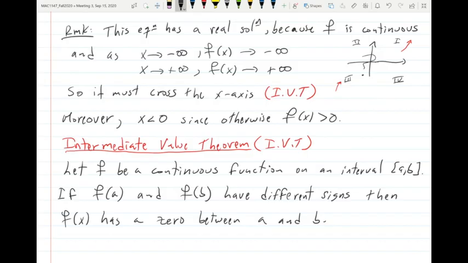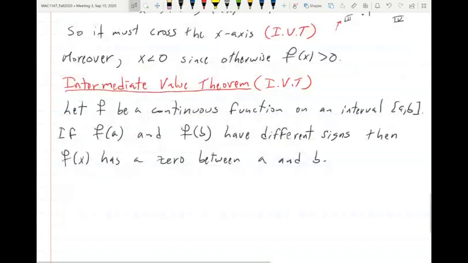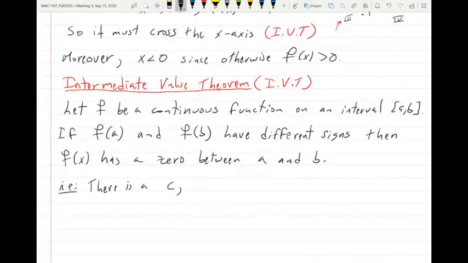What that means is that there is a c with c between a and b, and of course f of c equals zero. That's what the intermediate value theorem says. Basically, if your function is continuous on an interval and it changes sign at the endpoints of the interval, then inside that interval there has to be a zero for the function, because that means you have to go to the x-axis at some point.